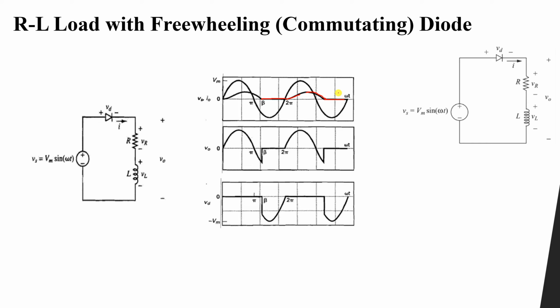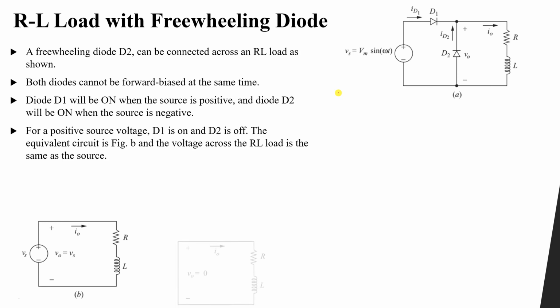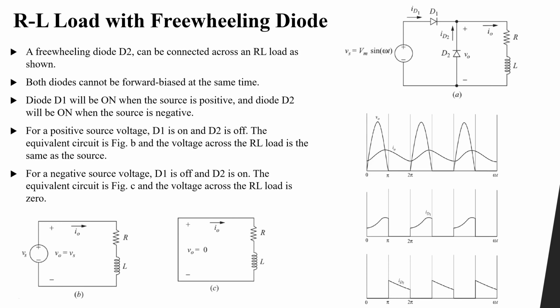The higher the inductance, the slower the current will discharge through the circuit. That's why the current waveform can be as before: from 0 to beta, then decaying, then charging again, then discharging to 0, similar to the previous slide.